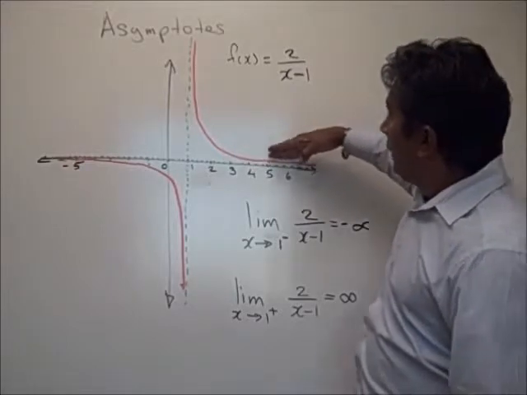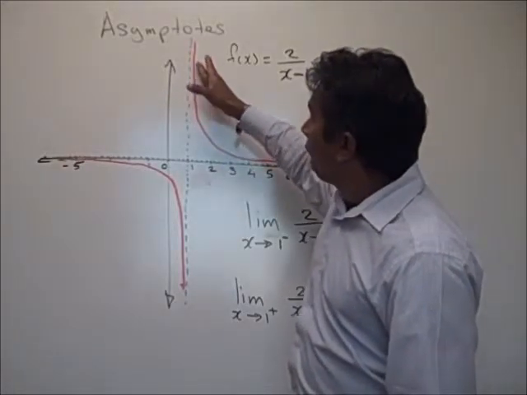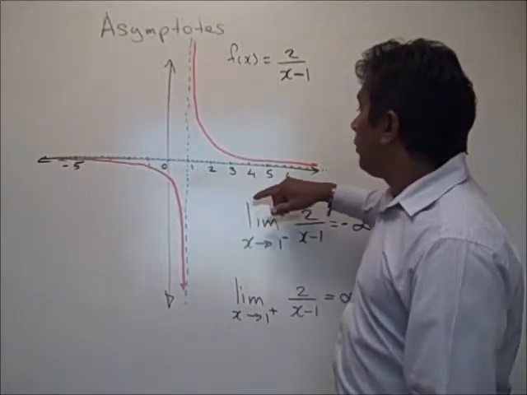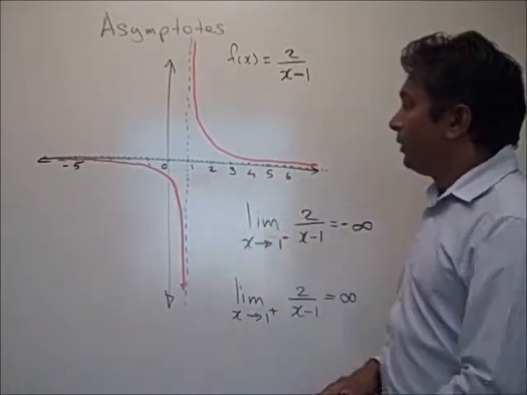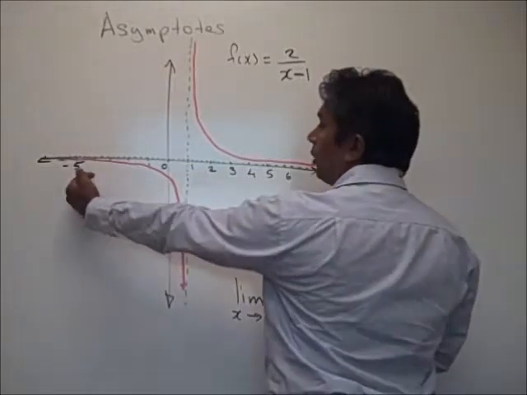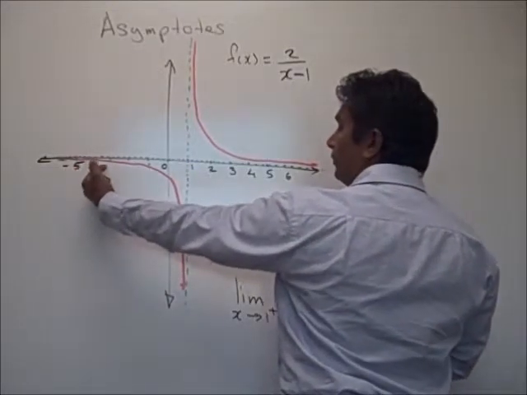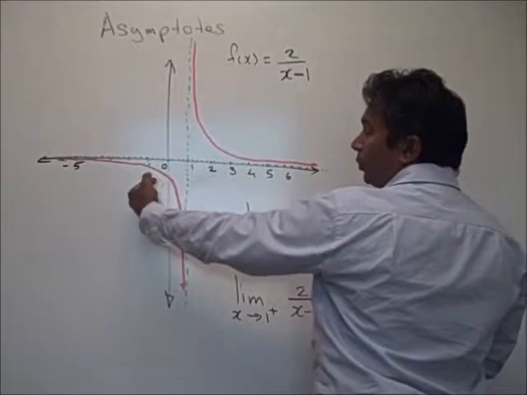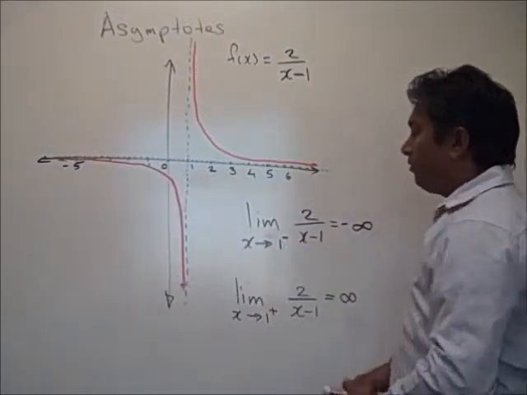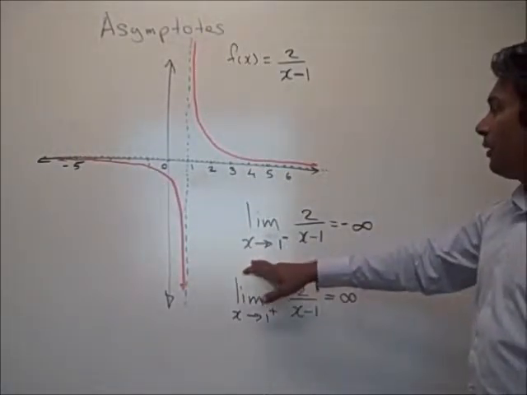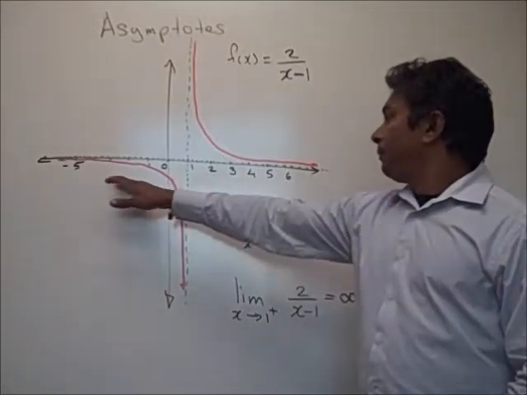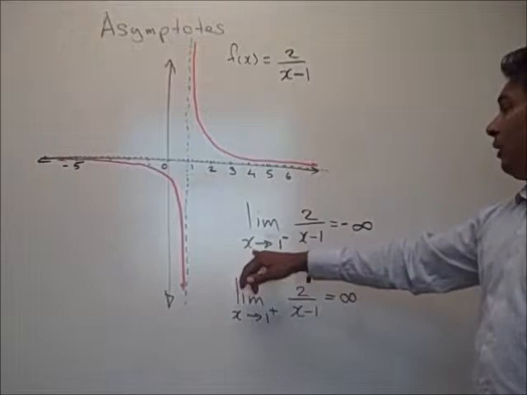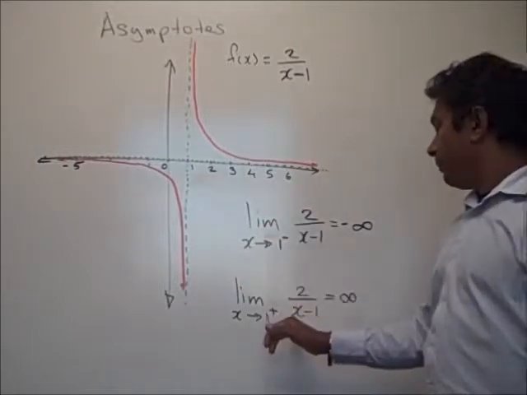Our graph is approaching infinity as our x value is approaching 1. Now as our x value approaches 1 from the left hand side, our y value is approaching negative infinity. So here we're saying that from the left hand side of 1, the y value or the limit approaches negative infinity.